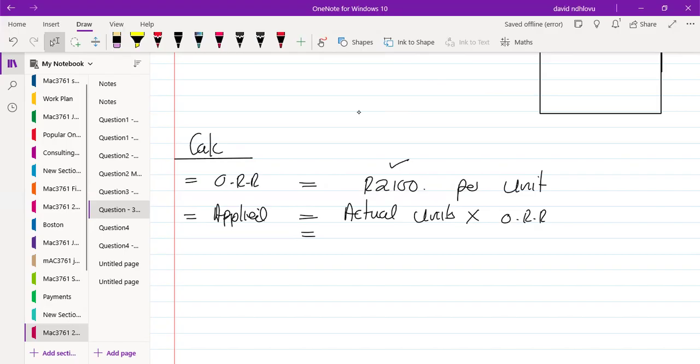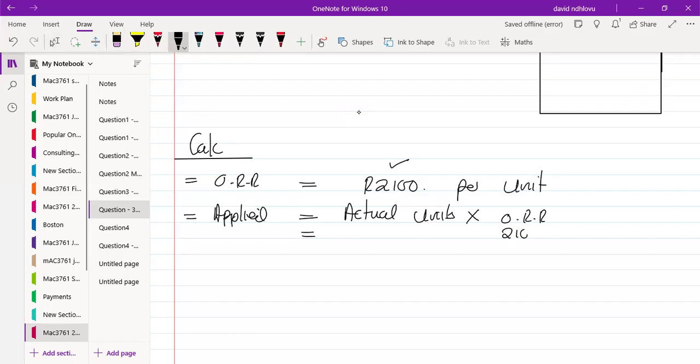Because every unit that you produce, you charge a fixed manufacturing overhead cost based on the ORR, because you don't have the correct actual figures until the end of the year.